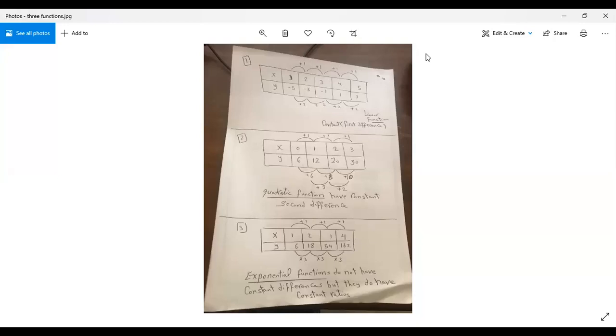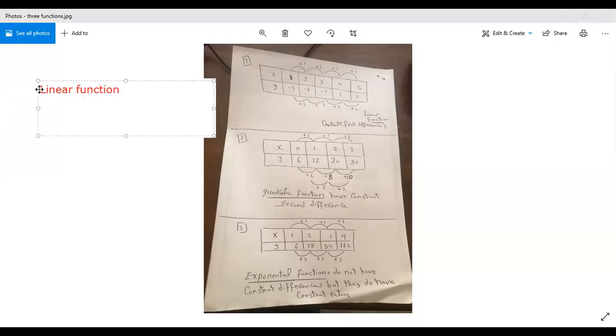Okay, let me say something. If we start from the beginning, we will discover that we studied 3 types of functions this year, right? The first one was the linear function, right?